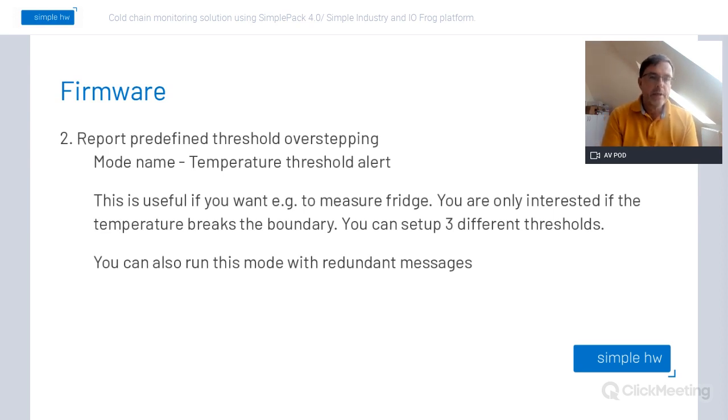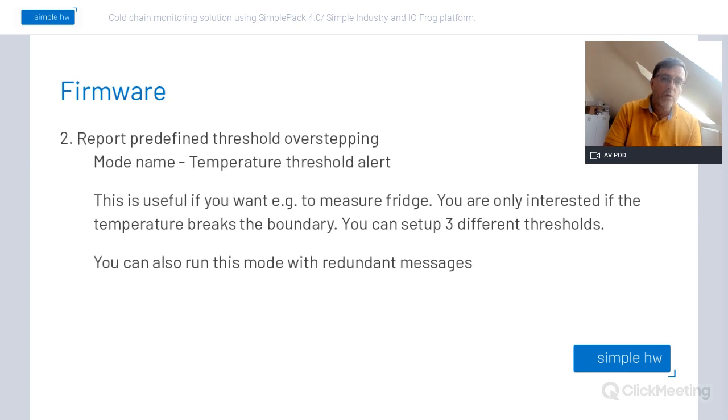In the firmware, you can set up not only 2 thresholds, but even 3 different thresholds, and you are always warned whether the threshold was stepped over, and in which direction. So whether you went from 2 degrees below, or you went from 2 degrees up.